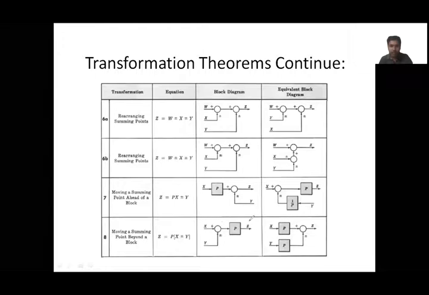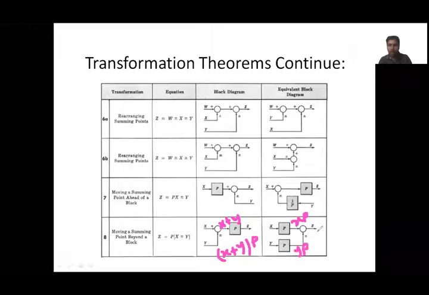Here, what will come? x plus y into p, so what you get is x plus y into p in this block. After transforming, after reduction, here x into p, here y into p.